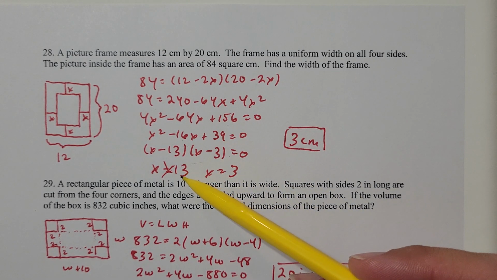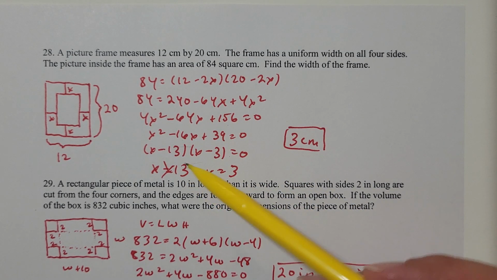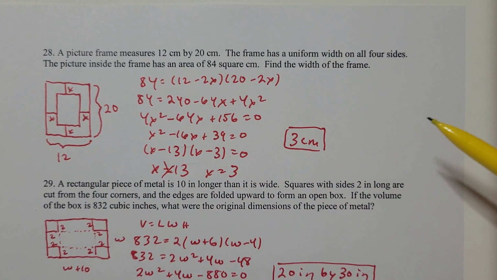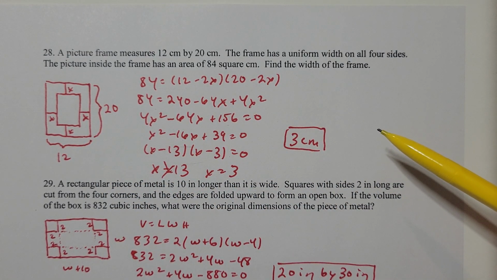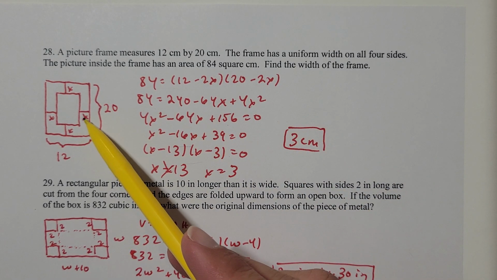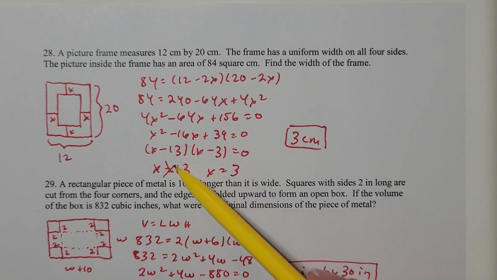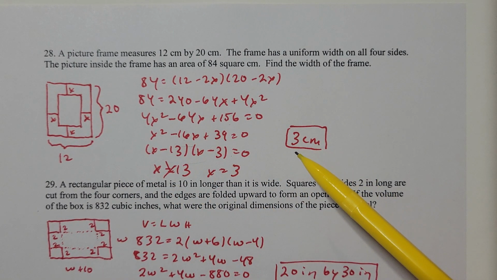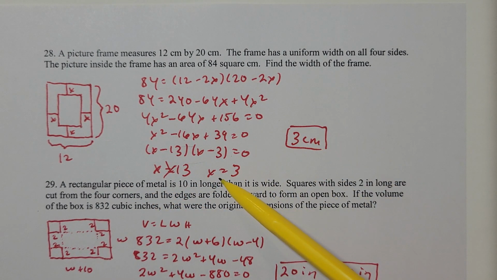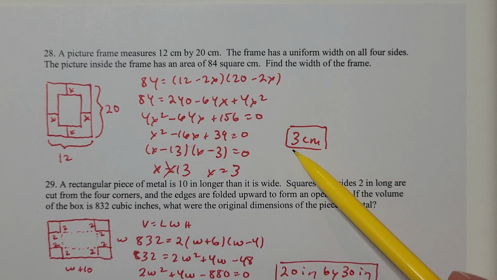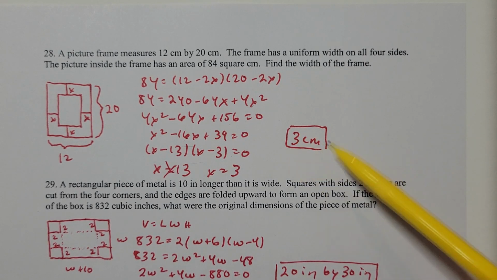It's not going to be 13 centimeters, because the entire length of the picture frame is 12 centimeters. It's not possible to have x be some number that's bigger than 12. So throw away 13, that doesn't make sense for what we have. X is 3 centimeters. So the width of the frame would be 3 centimeters, and that's the answer.